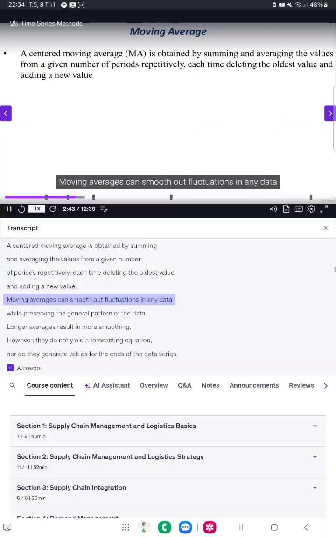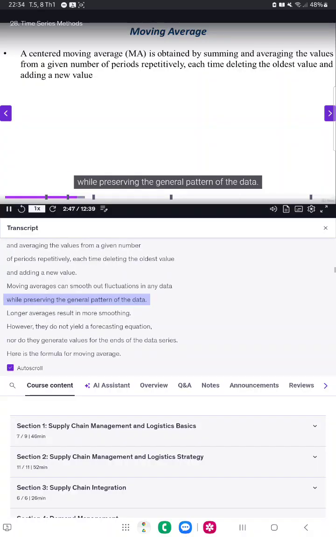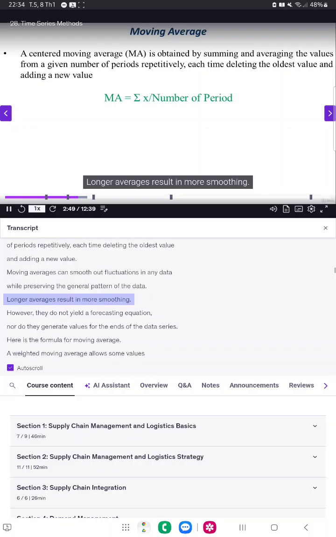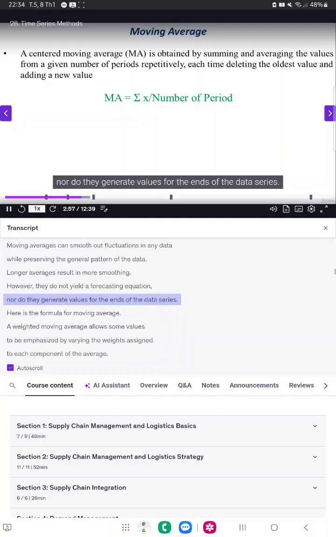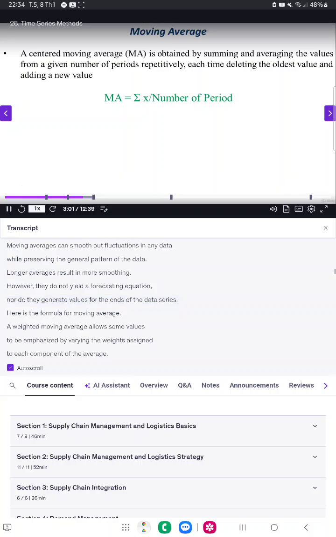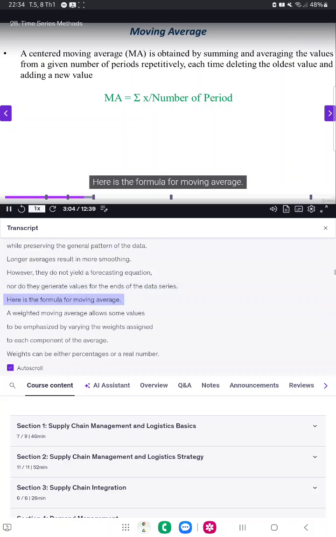Moving averages can smooth out fluctuations in any data while preserving the general pattern of the data. Longer averages result in more smoothing. However, they do not yield a forecasting equation, nor do they generate values for the ends of the data series. Here is the formula for moving average.